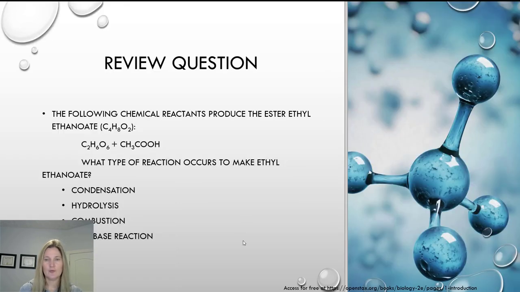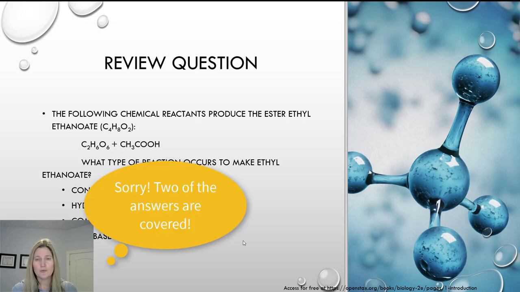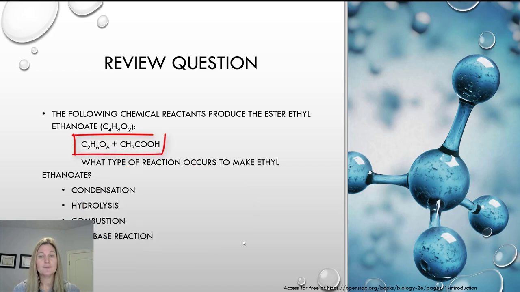And then here's the last question. This is more of an application type question. So the following chemical reactants produce the ester ethyl ethanoate, C4H8O2. So you can see the equation or the formula here. So we have C2H6O plus CH3COOH.